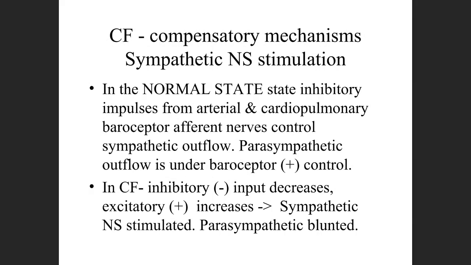In the normal state, inhibitory impulses from arterial, cardiac and pulmonary nerves control sympathetic flow, and it is the parasympathetic outflow which is dominant. In cardiac failure, inhibitory impulses decrease and excitatory impulses increase, and the sympathetic nervous system is stimulated.